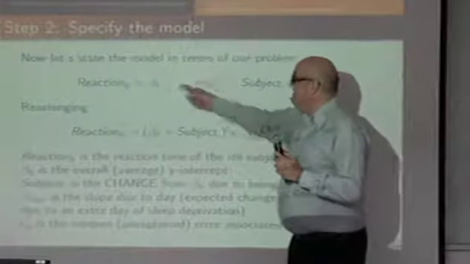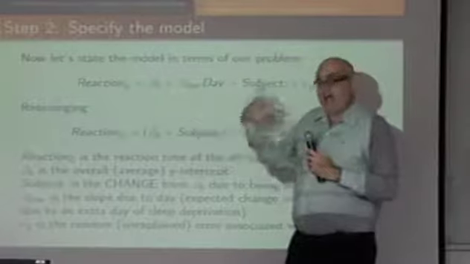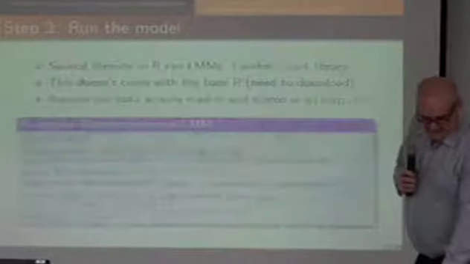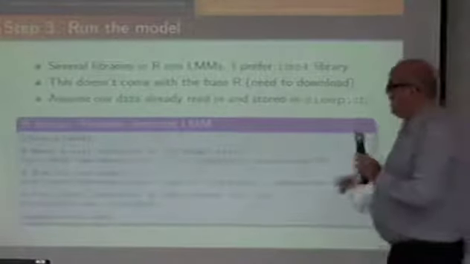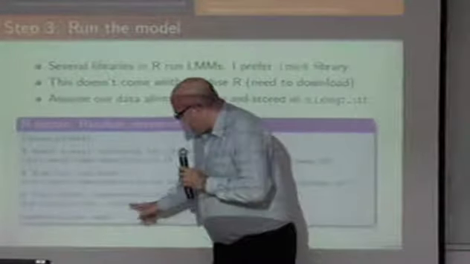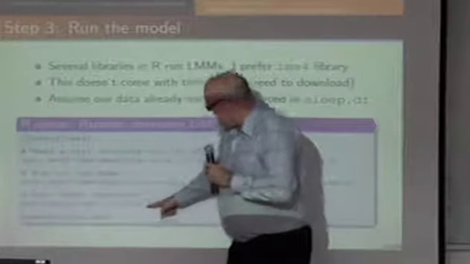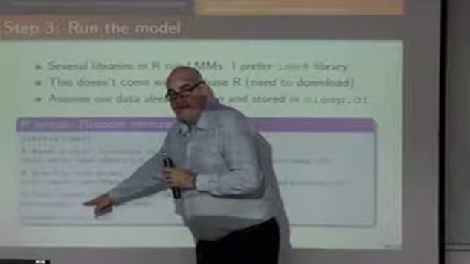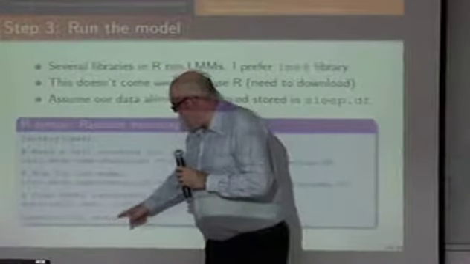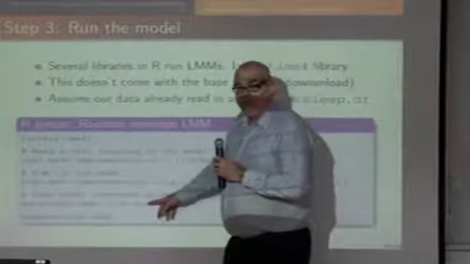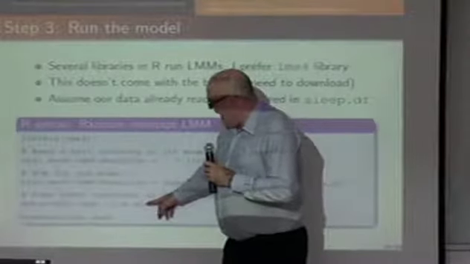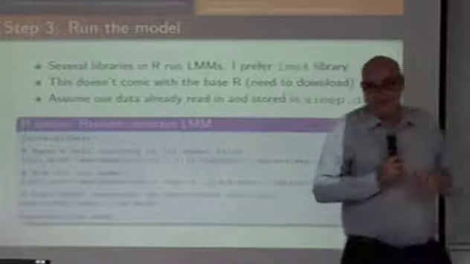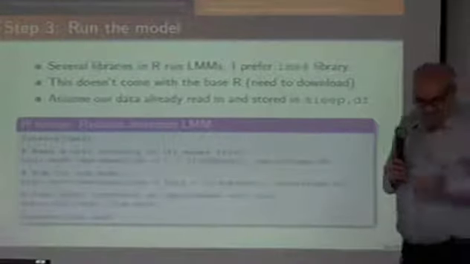So now we're seeing, does adding day have a significant effect? That's the question we're asking. So we use the ANOVA command, and we're saying, does the random intercept model significantly improve on the null model? And it will give me a likelihood ratio test. And then I'll ask for the summary of the random intercept model, as I did with the other models.